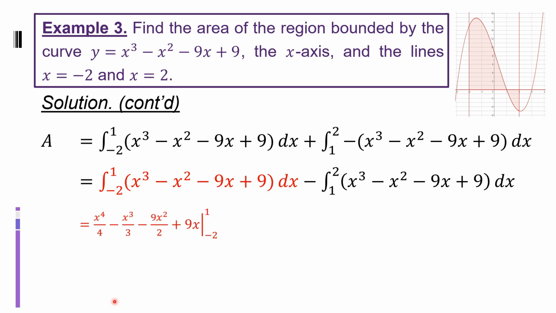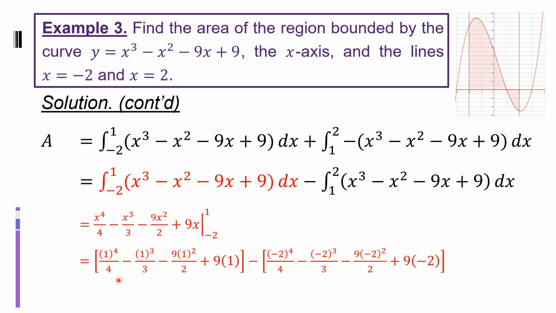So we know that the antiderivative of this is x raised to 4 over 4 minus x cubed over 3 minus 9x squared plus 9x, and then we evaluate that from negative 2 to 1, or that is 1 raised to 4 over 4 minus 1 cubed over 3 minus 9 times 1 squared over 2 plus 9 times 1 minus negative 2 raised to 4 over 4 minus negative 2 cubed over 3 minus 9 times negative 2 squared over 2 plus 9 times negative 2.